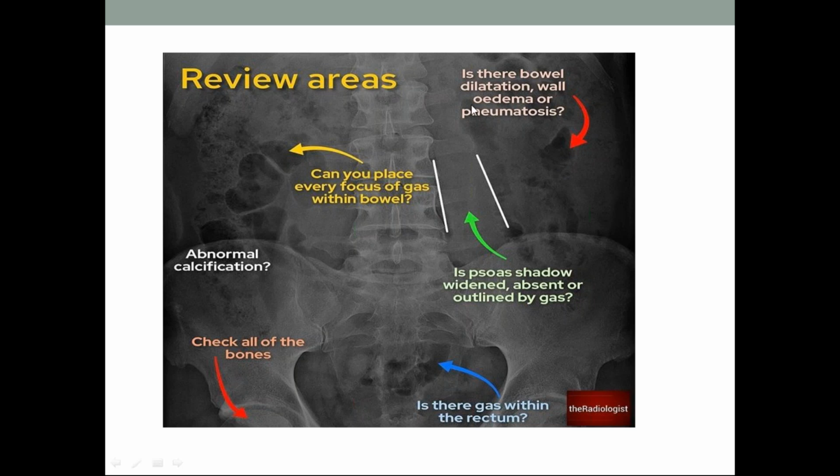We also have to look at the psoas shadows, whether they are widened, absent, or outlined by gas. Normally they can be obscured, since normal bowel gas will also obscure these shadows.